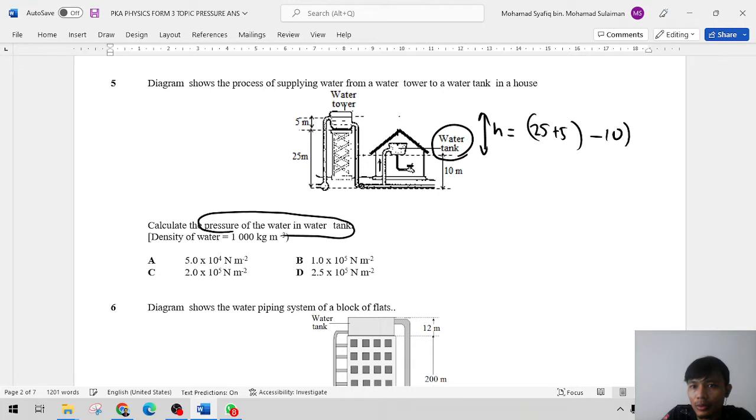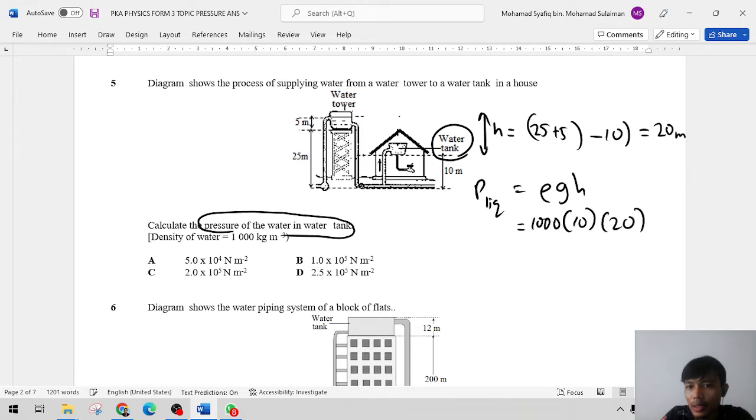Right, so we want to find the pressure. Pressure in liquid again equal to rho g h. Rho is 1000, g is 10, and height is 20. This will give us 2 times 10 to the power of 5. Sorry, 200,000 Pascal.